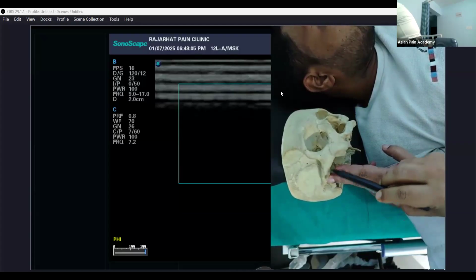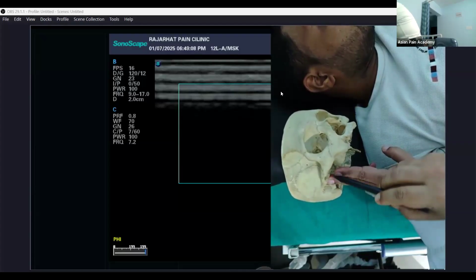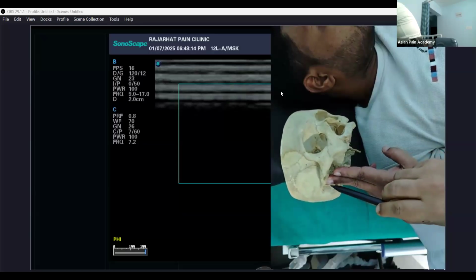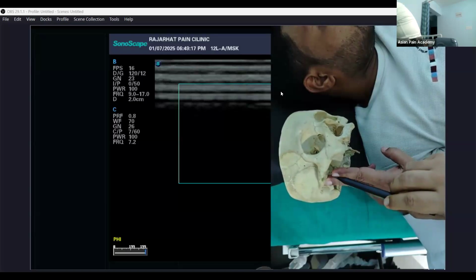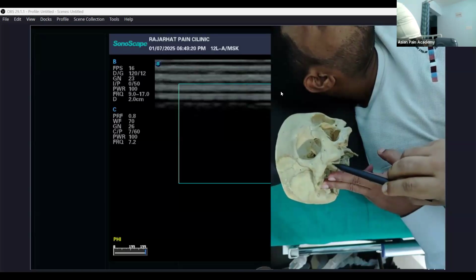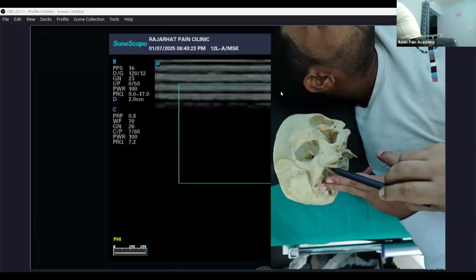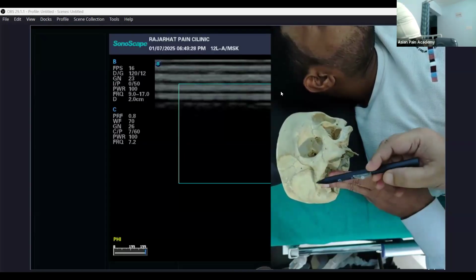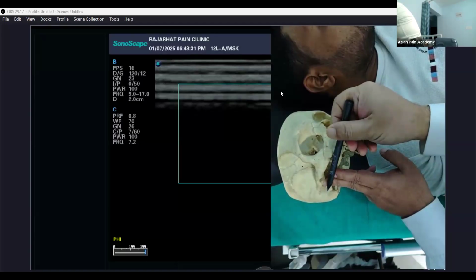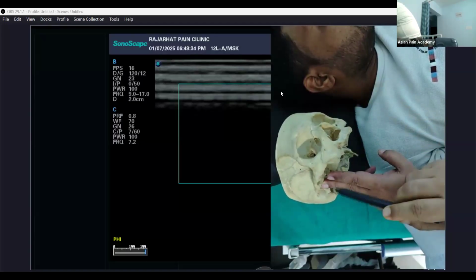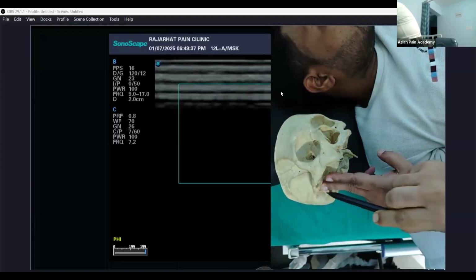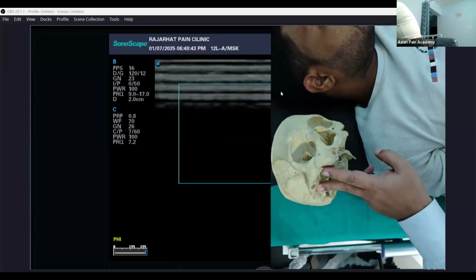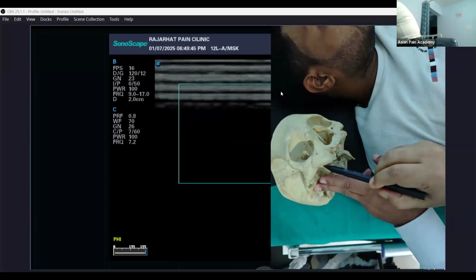When I put the ultrasound probe here, at one point I will see three bony structures: the condylar process, the coronoid process, and third, part of the maxilla. I will not see the zygomatic bone because I will hold the probe under the zygomatic bone. So I will see three bony processes: condylar, coronoid, and the maxillary bone.